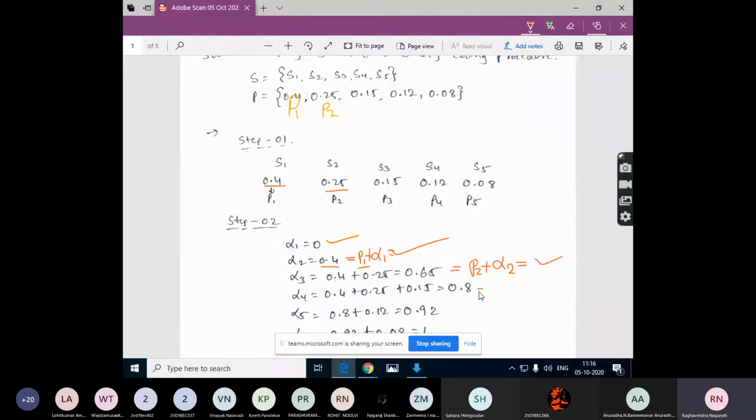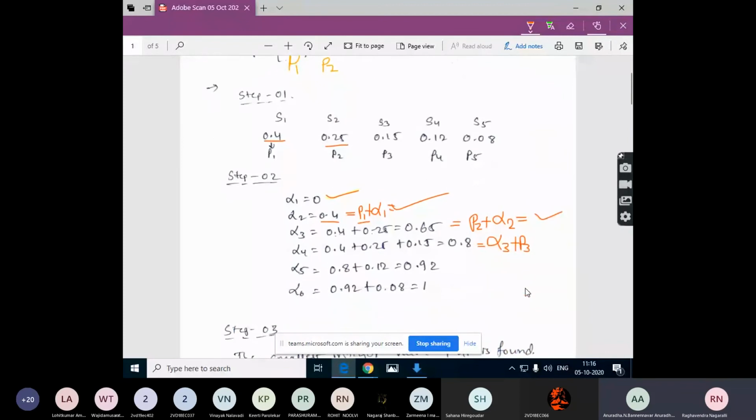Alpha 4 is P3 plus alpha 3. Alpha 3 is 0.4 plus 0.25, which is 0.65, and P3 is 0.15. So 0.8 is the answer. Alpha 5 is alpha 4 plus P4.